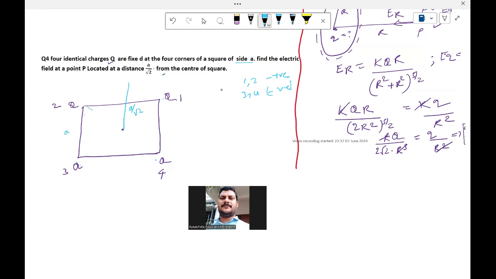Then the diagonal will become root 2 a, and half of the diagonal is a by root 2. Therefore, from this end, this distance is a. For all these distances, it is a.